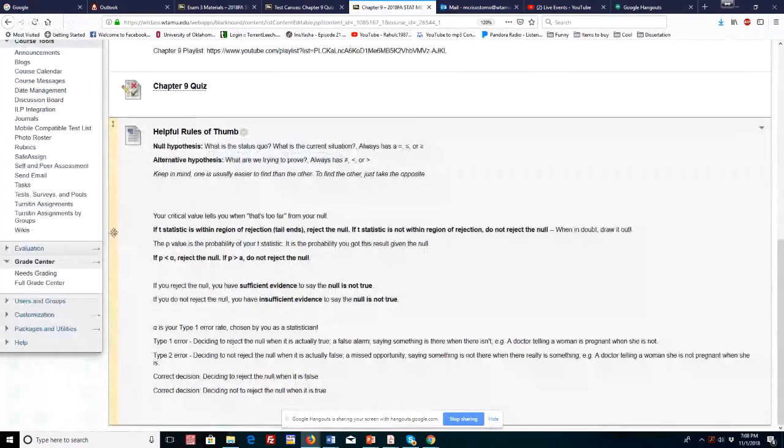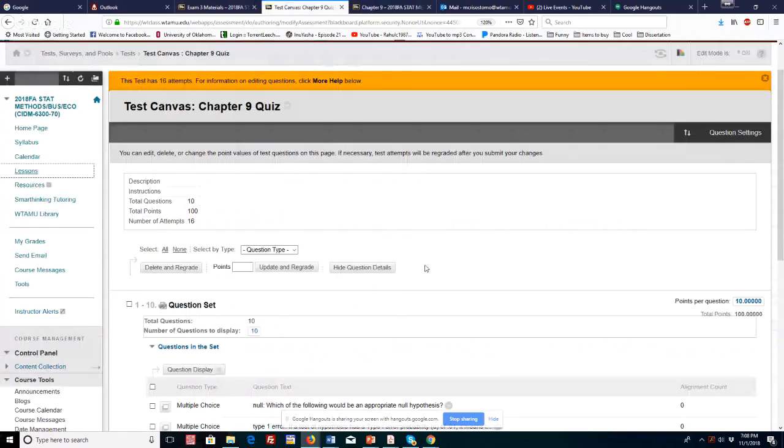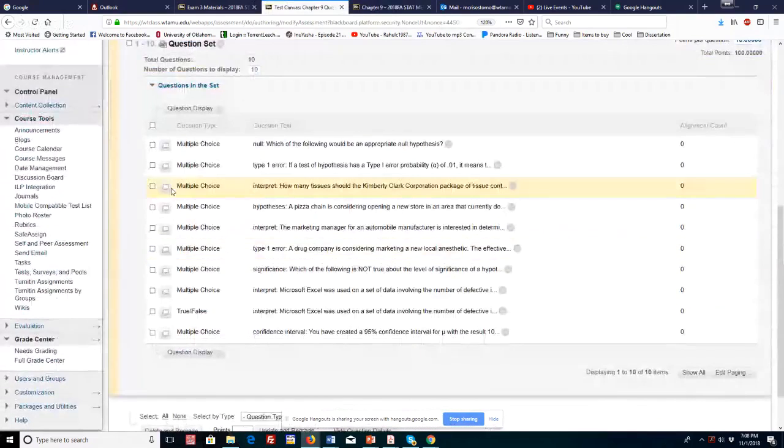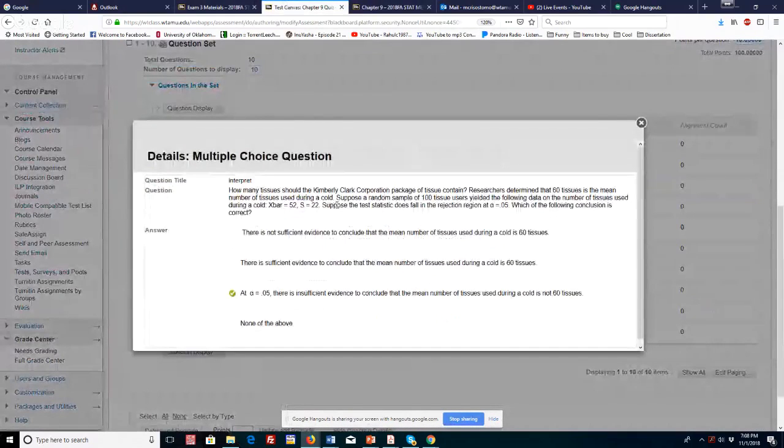Okay, so here's helpful rules of thumb, and this can help you make a decision based on the problem here. So let's go back to our question. It says, suppose the test statistic falls in the region of rejection. Which of the following is correct? So it does fall in the region of rejection.